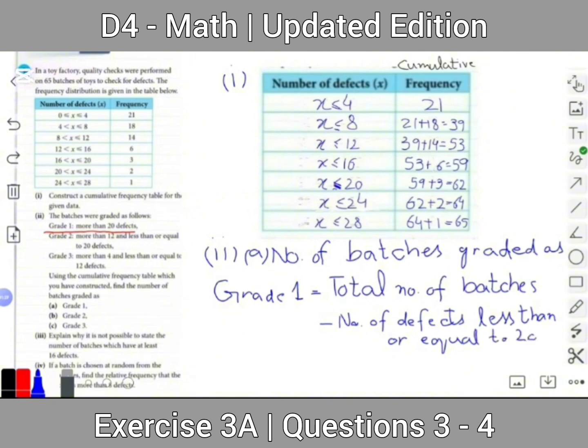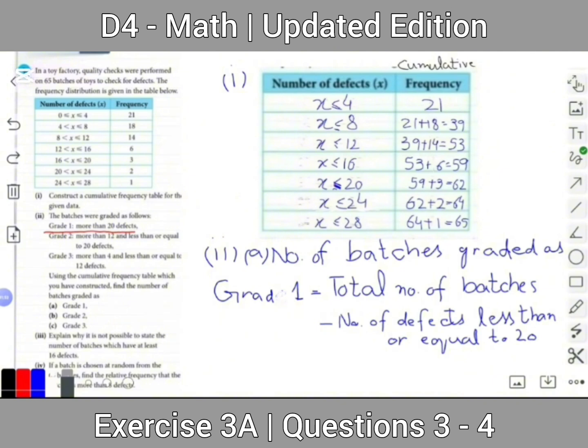Why do we have to subtract the number of defects less than or equal to 20 from the total number of batches? It's simple. To find out any quantity that is greater than some number, we subtract the reverse of that quantity.